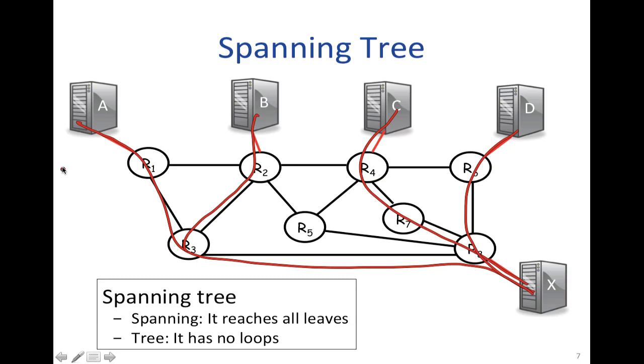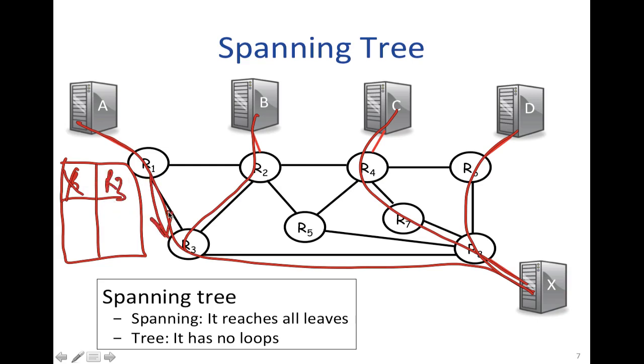This would be implemented by populating the forwarding table at R1 with the entry, if I want to go to X, then I go to R3 as my next hop. That's telling it what to do here.